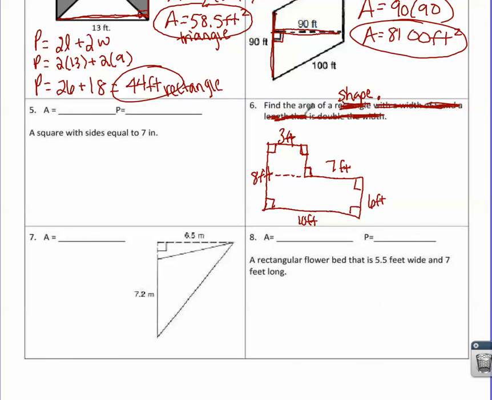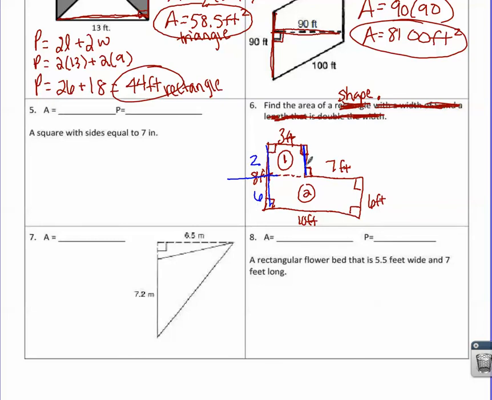So these are 2 shapes put together, so you want to find the area of both of them and then add them together. So for instance, you need to find what this side length is. If you know the whole thing is 8 feet, and then up to here is 6 feet because of the other side, you're going to know that the remaining amount is going to be 2 feet.